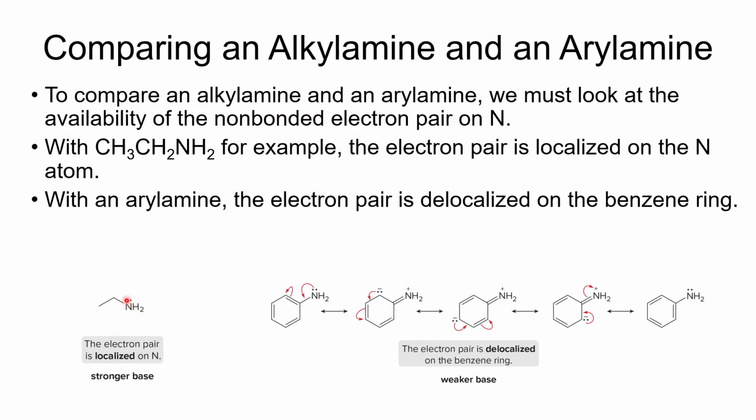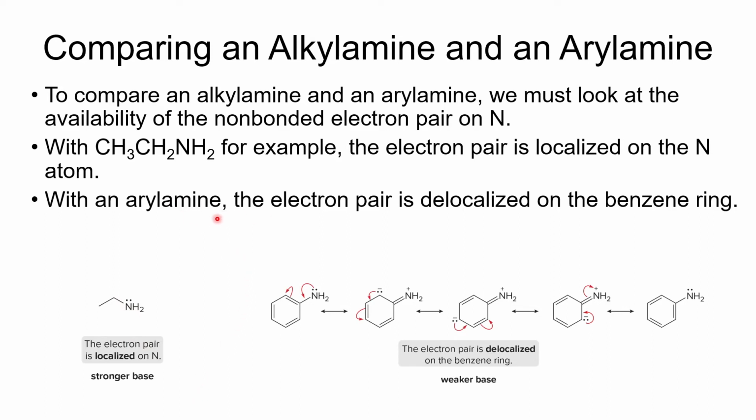So how available is this to act as a base? Well, in ethylamine, that lone pair of electrons is localized on the nitrogen. It's not delocalized to any of the other atoms in that molecule. And because it's not delocalized, that's a pretty decent strong base. Again, pKa of about 11 for its conjugate acid.